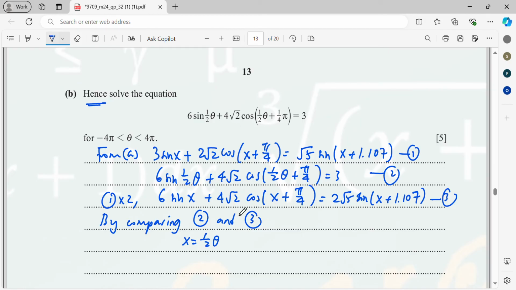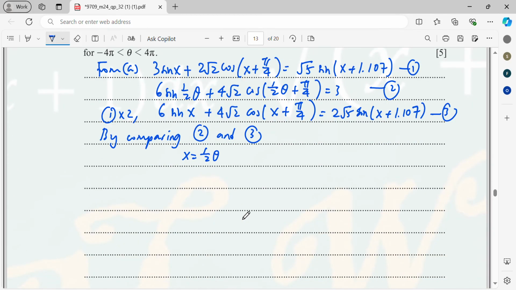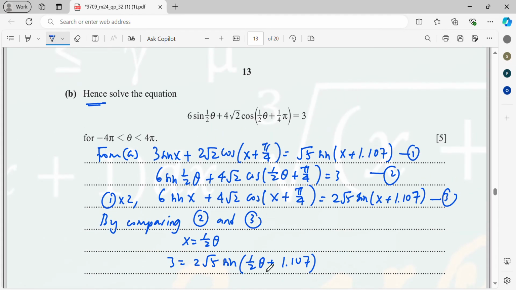Okay, so then here I will just write 3 equals 2 square root 5 sine, replacing the x in the third equation by half theta, plus 1.107. So now basically we need to solve this equation, given that theta is between minus 4 pi and 4 pi.